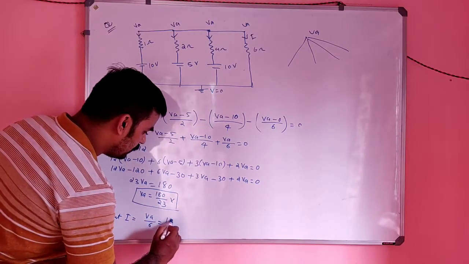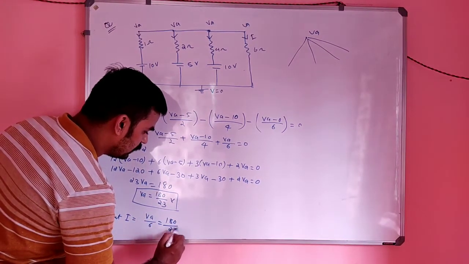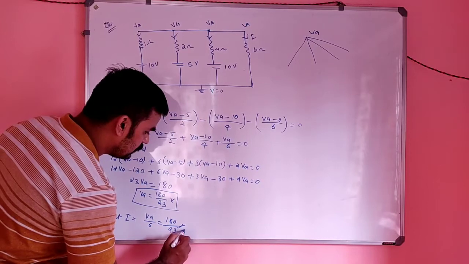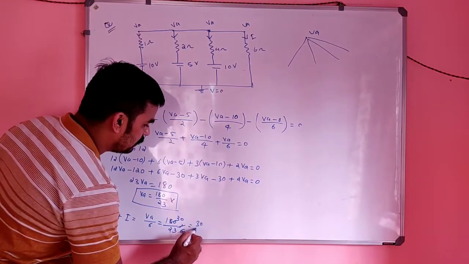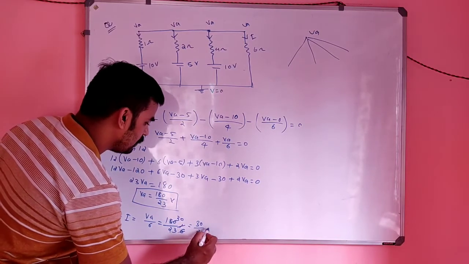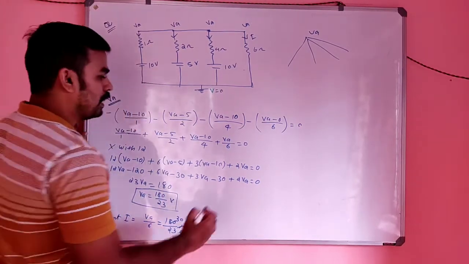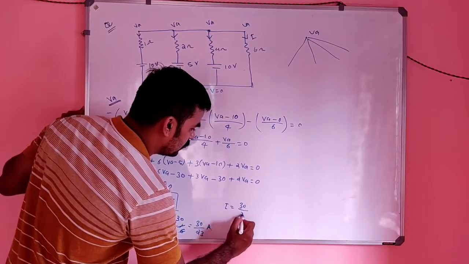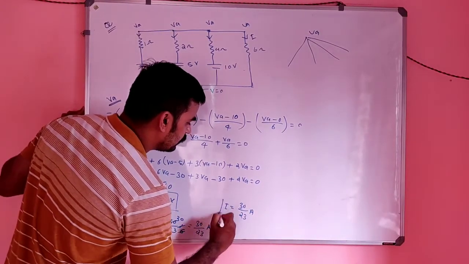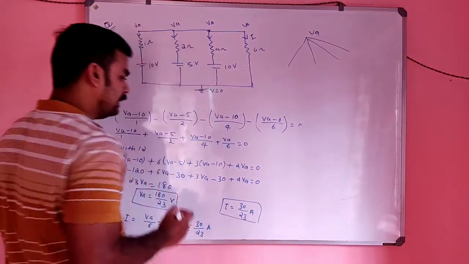So it will become 180 divided by 23 divided by 6, which is 30 by 23 ampere. So I is equal to 30 by 23 ampere. That will be the final answer.